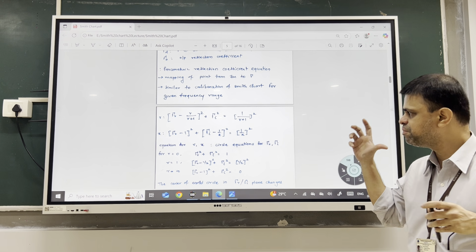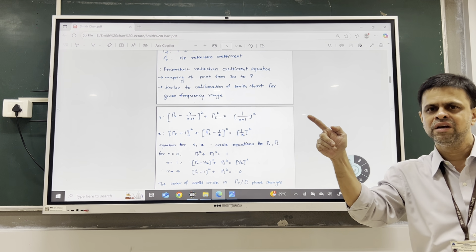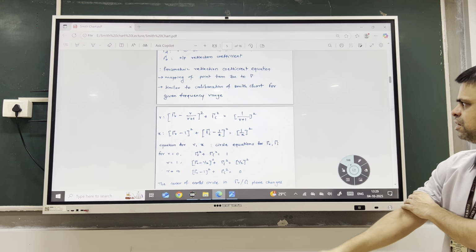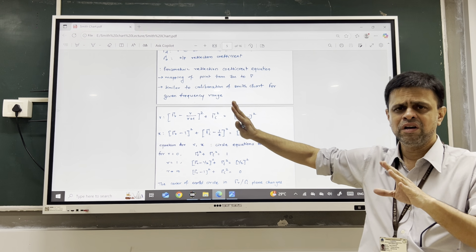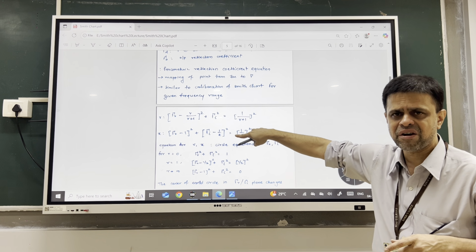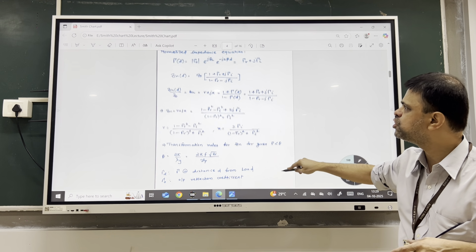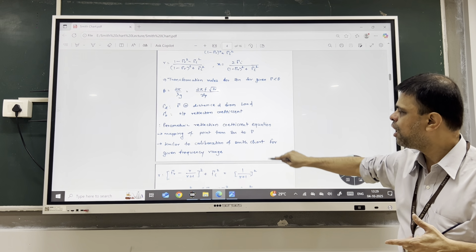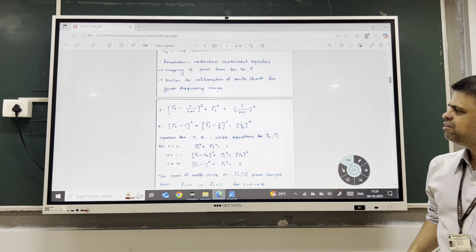This is a beautiful process which goes on in transforming the impedance domain to the reflection coefficient domain. For the derivation of these equations, you can refer to the book, because for understanding purposes the derivation is not important. But how this transformation occurs is very, very important.